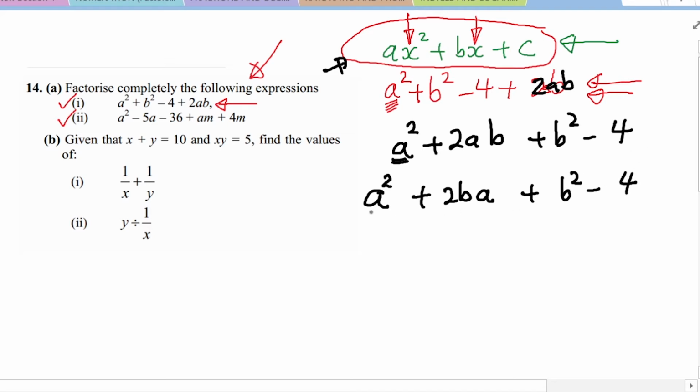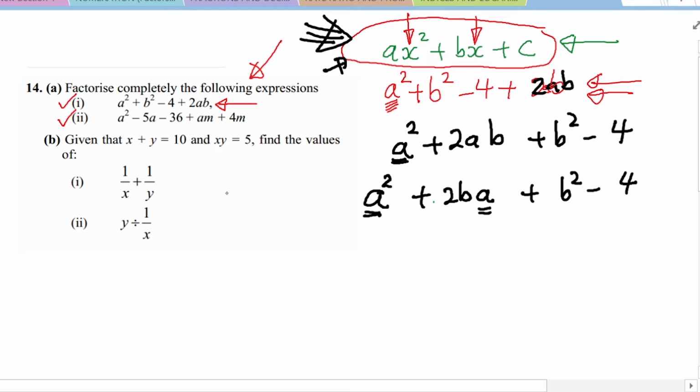Where you're seeing a, that is like my x, my value of x in the general expression. I hope you're not confused. Okay, so what we're going to do here is we are supposed to find two numbers.